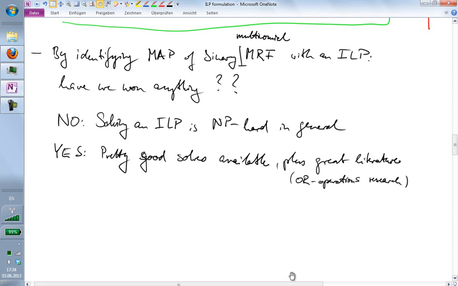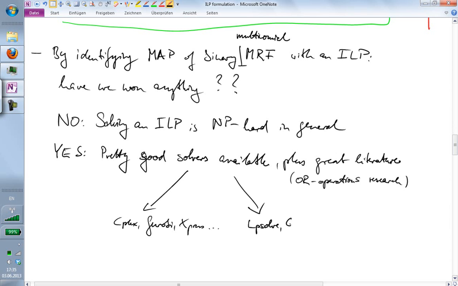And to give you a few examples of such solvers, sorry for my poor writing: on the commercial side, there's CPLEX and Gurobi and Xpress and others. And on the open source side, there is lp_solve and GLPK and others.